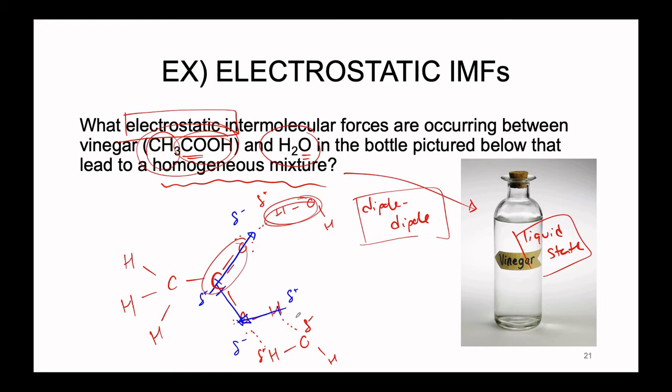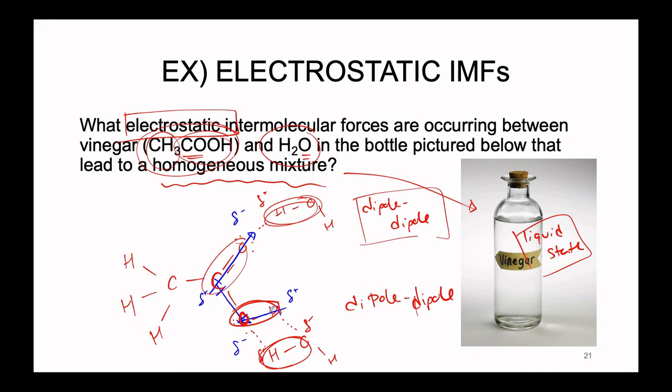So the interactions that form between this oxygen and hydrogen and this oxygen and hydrogen are going to be classified as a dipole-dipole intermolecular force. And now we can also ask ourselves that special question: does this count as the hydrogen bonding case?